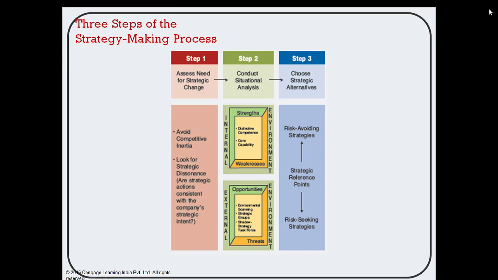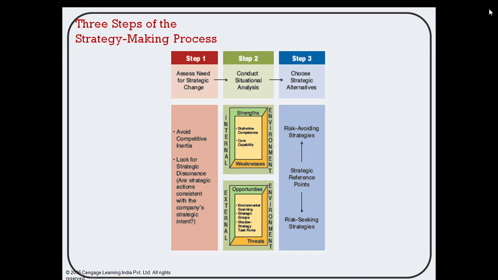Now, what calls for such a situation? When your promise and your action, your intent and your action, have a gap, when they are not in the same direction, that's when you say there is some kind of strategic dissonance, which should be avoided. What you promise should be the same as what you deliver, right? That's when you are in strategic alignment.